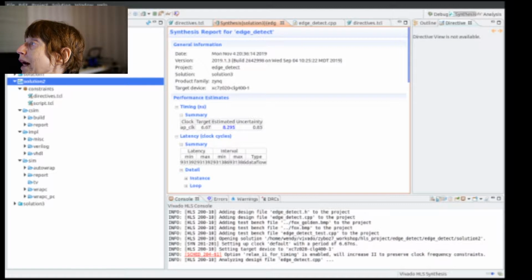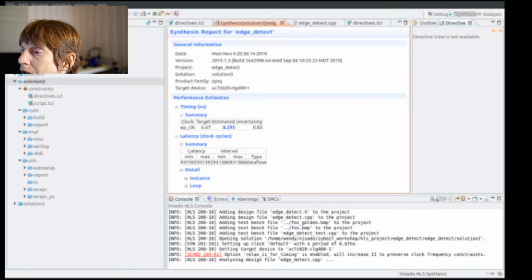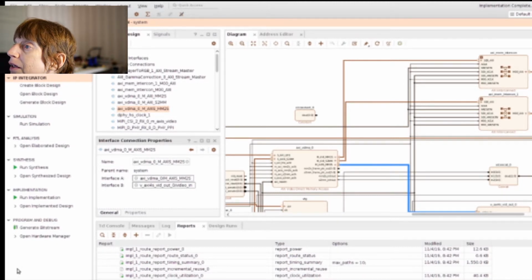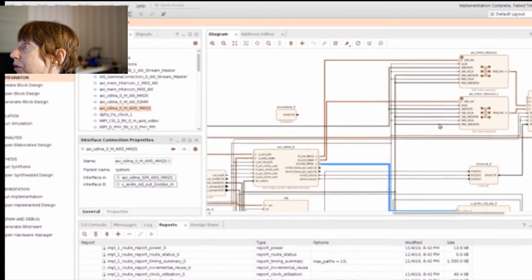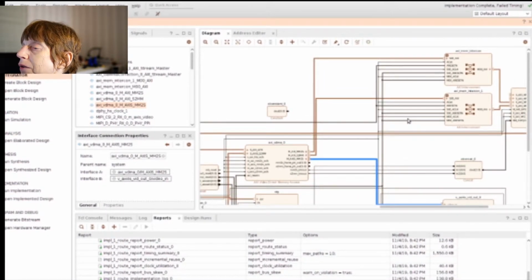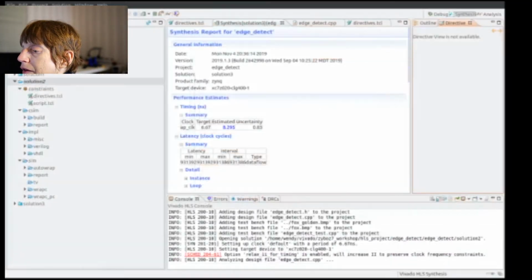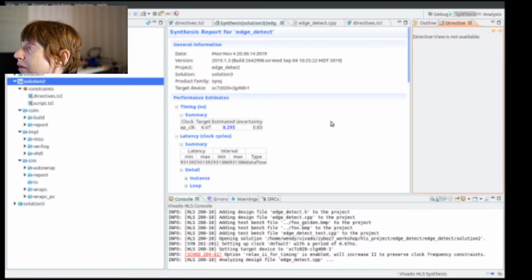And notice even without going back here, let's make this a little smaller so you can see, it got failed timing either way, but this one worked. So clearly the issue had to do with the new IP that we created.